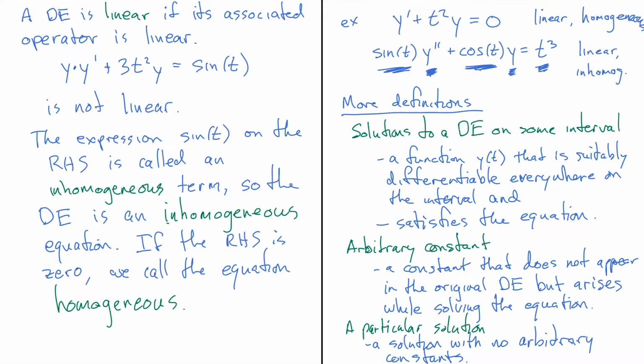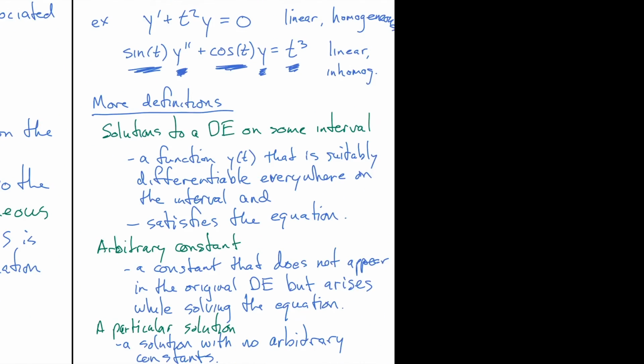All right, and then finally, a general solution, or I should say the general solution to an equation, because there should only be one, although it may look like there's more than one, because they may have slightly different forms that are equivalent.